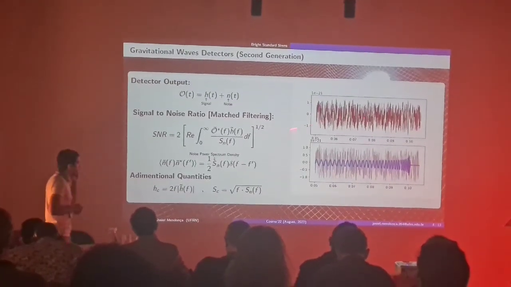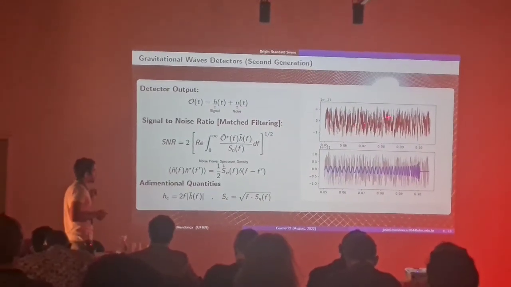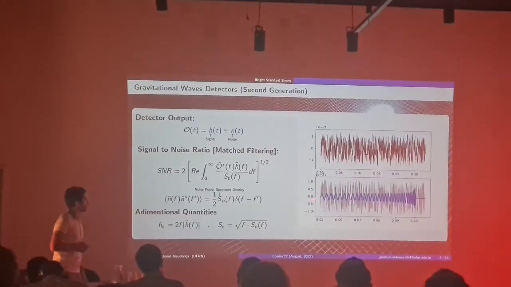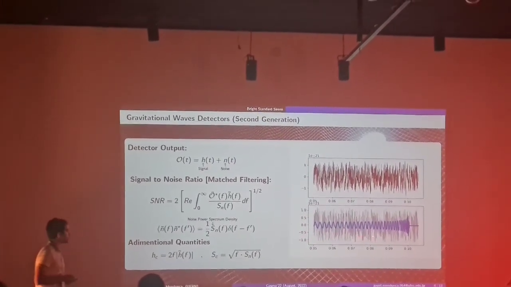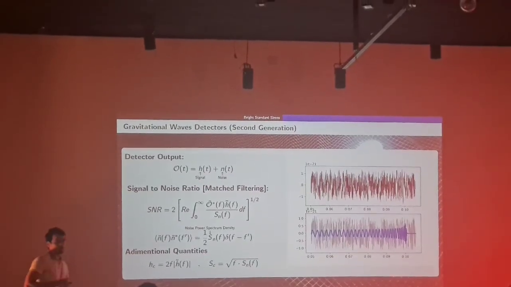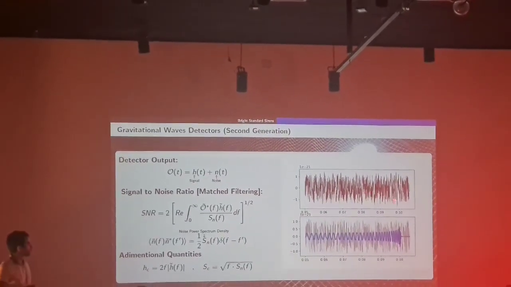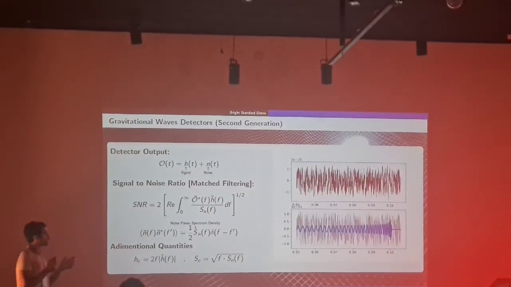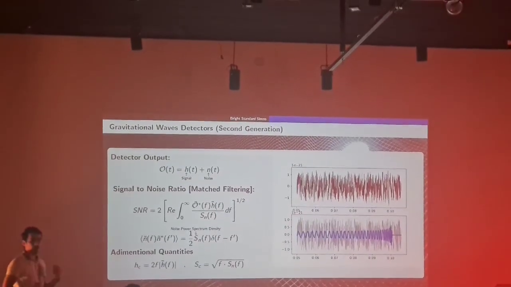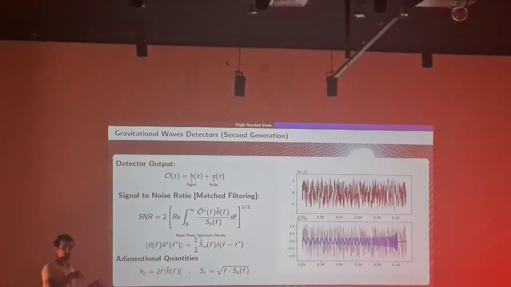The output of the detectors has a lot of noise, and we can extract the gravitational wave source from this output using matched filtering. That is comparing the output of the detectors with a lot of templates in order to match the original gravitational wave signal in the output.